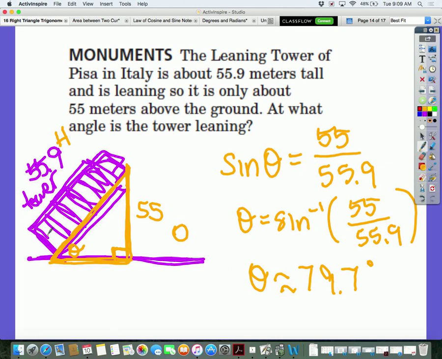If the tower was originally straight up, and then it starts to lean, when they're talking about at what angle the tower is leaning, they're actually looking for this angle right here, the angle by which it has leaned. So 90 minus the angle we just found will give us our actual answer to this problem, which is 10.3.